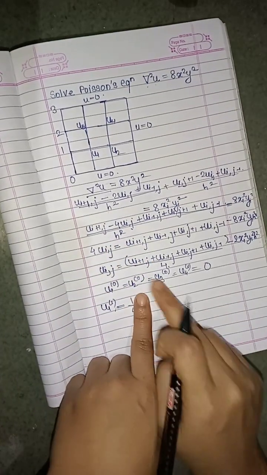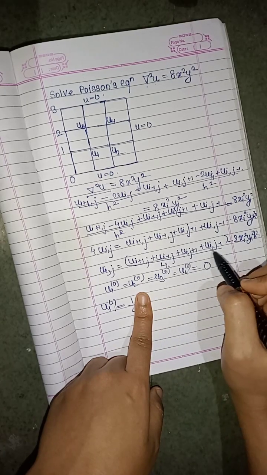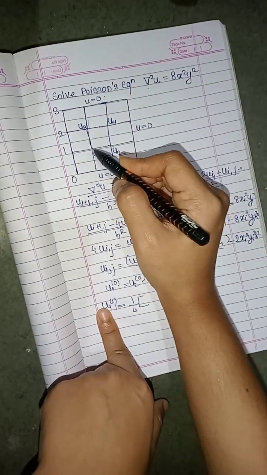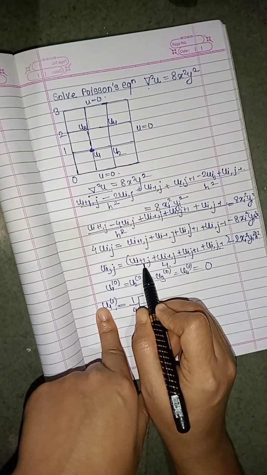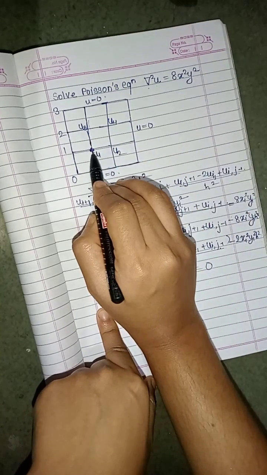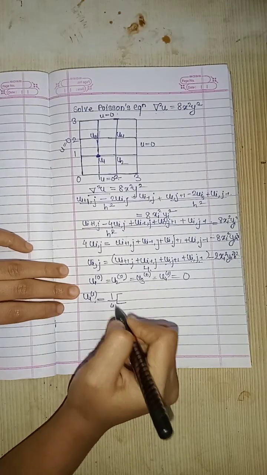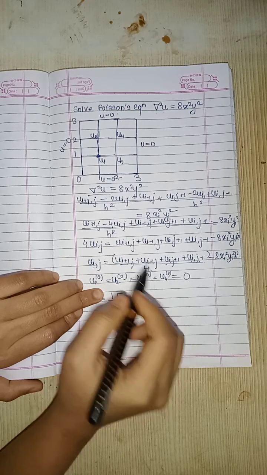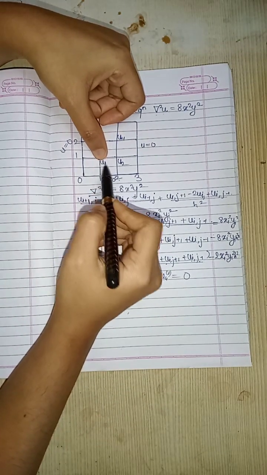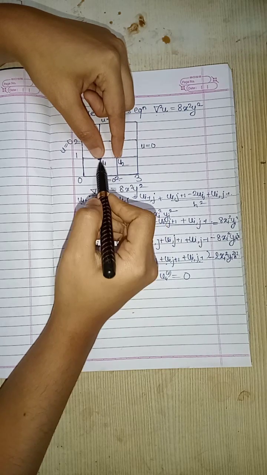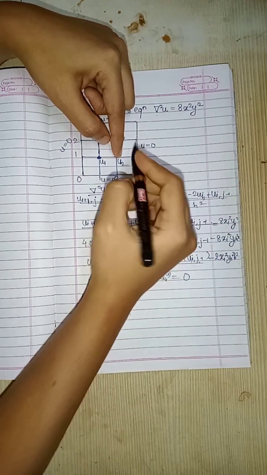So as it is given, u(i+1,j), u(i-1,j), u(i,j+1), and u(i,j-1). If you are considering this u1, then for u(i+1,j), you need to go one coordinate further along the x-axis, and j is simply j, so it is u2.